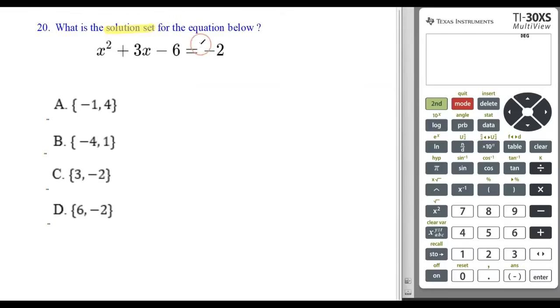So what this is asking us is what values can I plug in for x? So when I square x, multiply x by 3, subtract 6, I get out a negative 2. So based on that, I'm going to call this right-hand side my output. And I'm going to call the left-hand side of this equation my input.